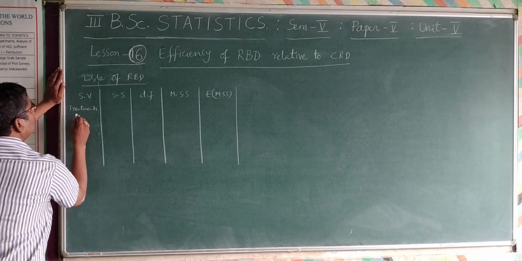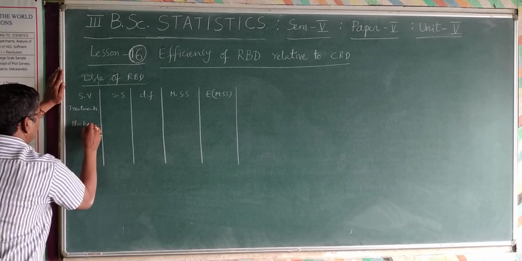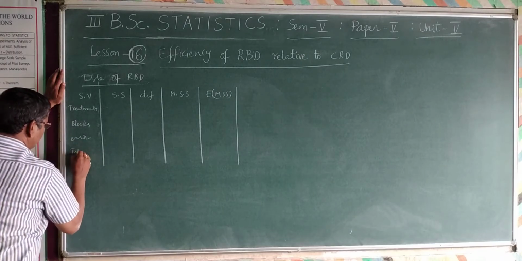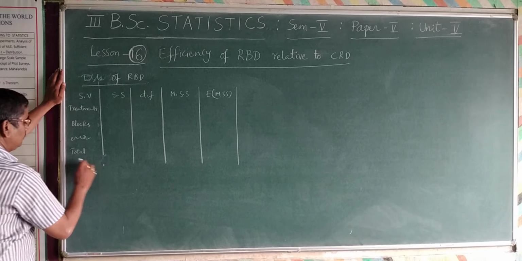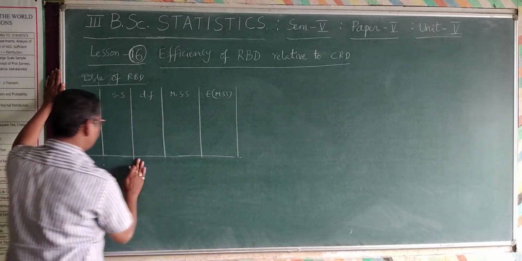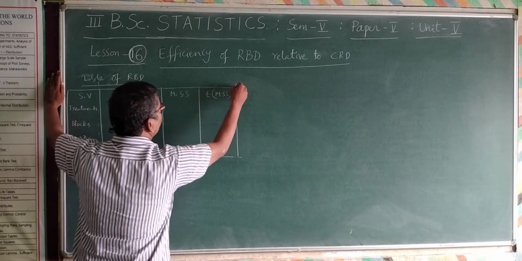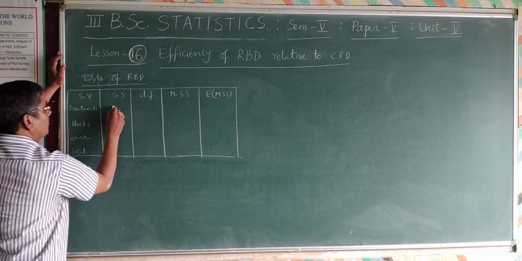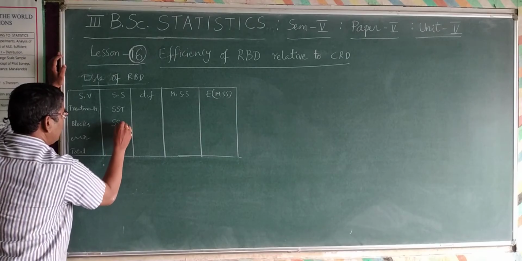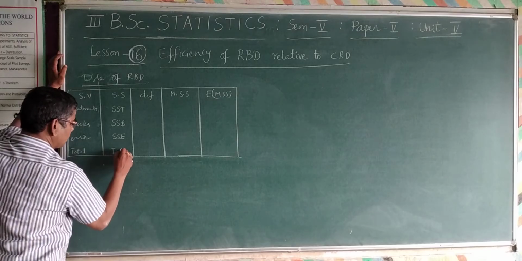And blocks, error, and total. I finish the table. The sum of squares is SST, SSB, SSE, and total sum of squares TSS.